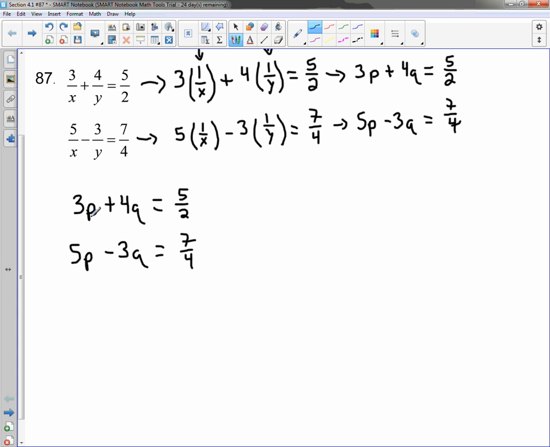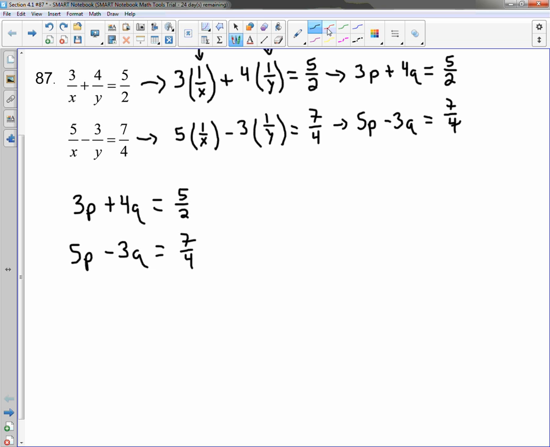Since I have my P and my Q's lined up, I'm going to use elimination here. You could look at maybe doing substitution, but notice none of our variables have a 1 in front of it, so it is going to be a little more challenging to do the substitution. So elimination is what we're going to choose.